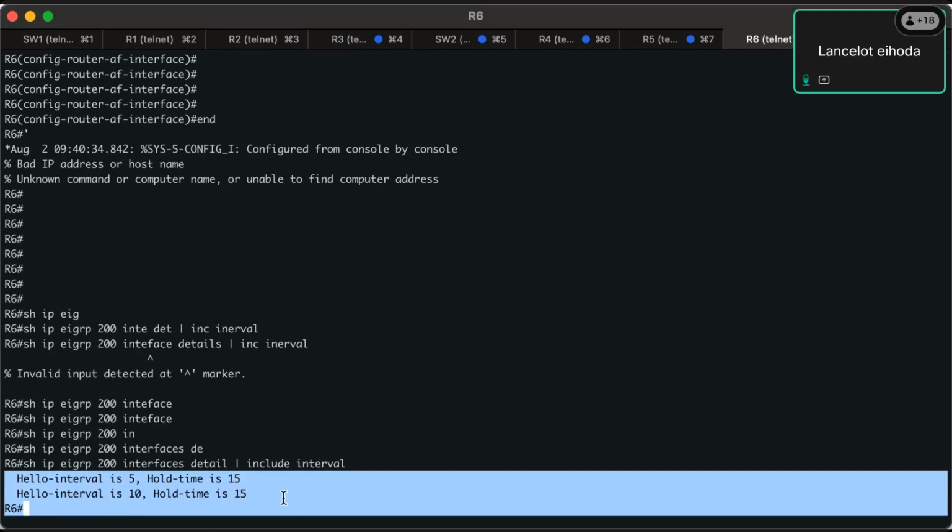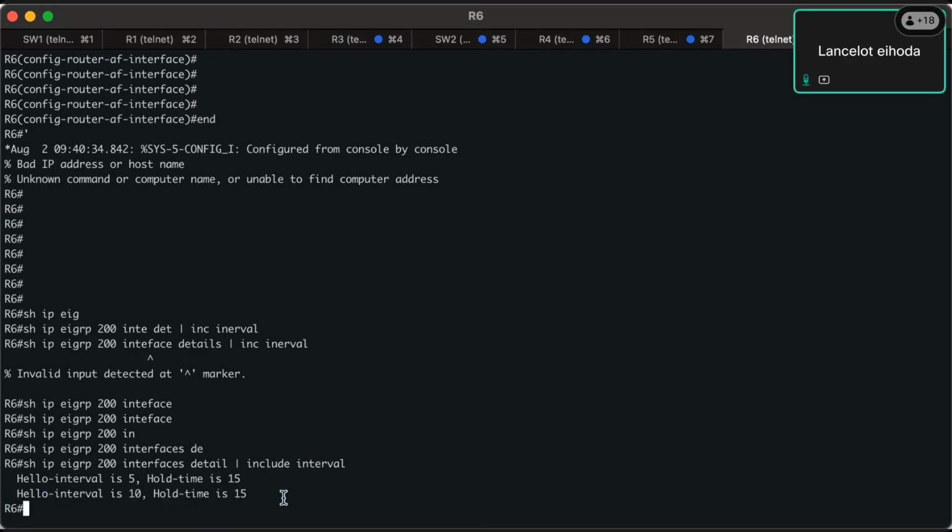Why is it giving me 2? Hello interval is 5, hold time. Don't worry, it's fine. So why is it giving me 2 of that? Including interval, EIGRP, but it's just EIGRP now. Is it because we have OSPF configured on that port also? Nope, because it was configured on an interface. Are you sure? Probably another interface is running the default timer, I guess.